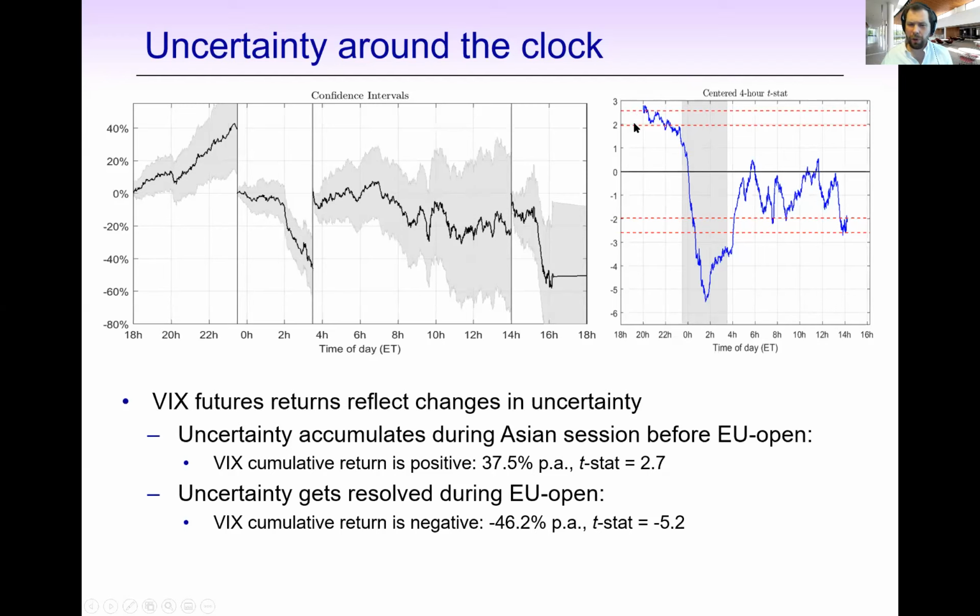This is actually remarkable because we know from prior literature that VIX returns on average are very negative. That's compensation for variance premium. So it's really remarkable that you can find positive VIX futures returns.